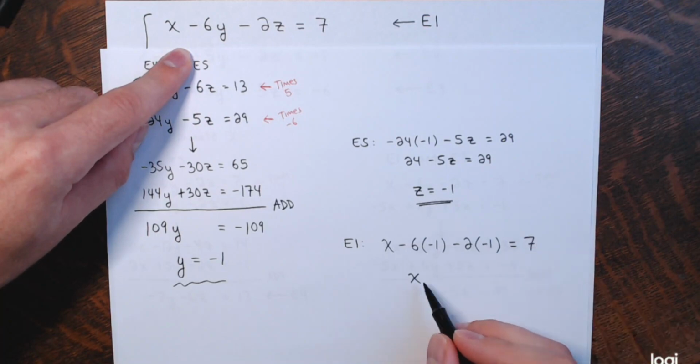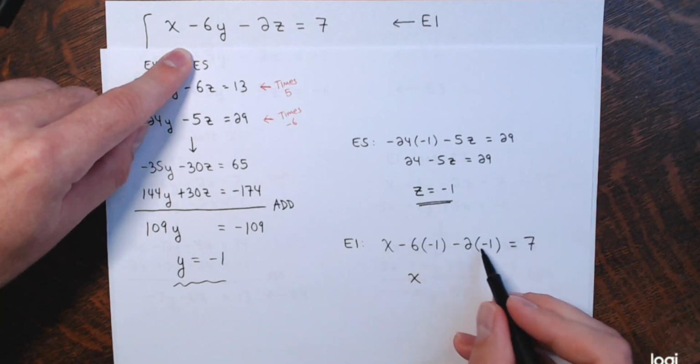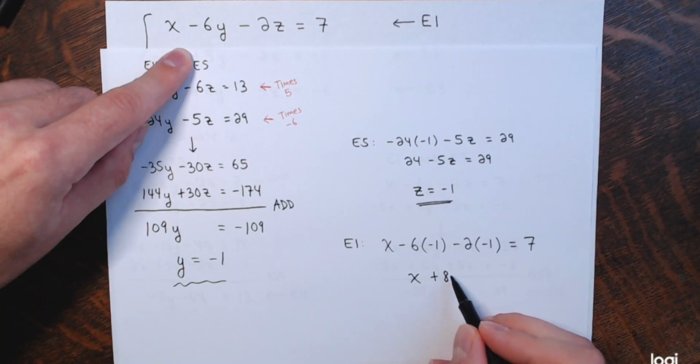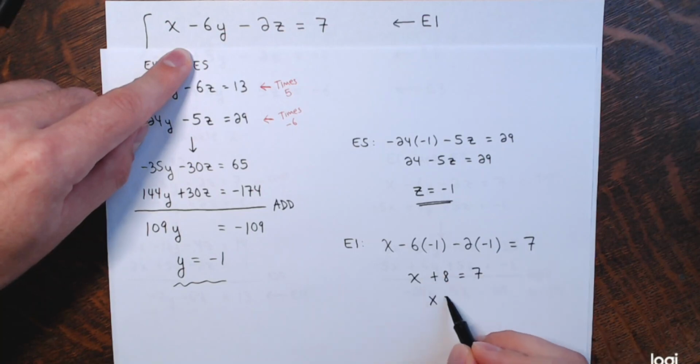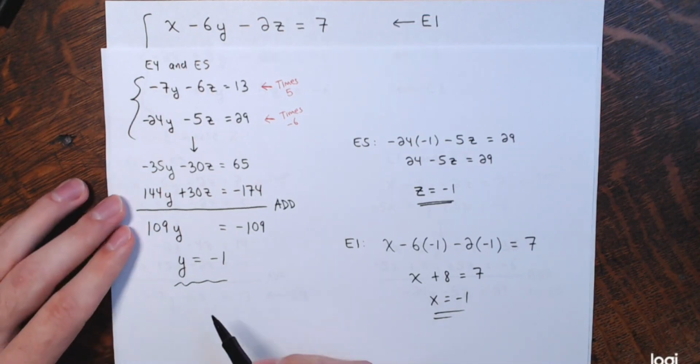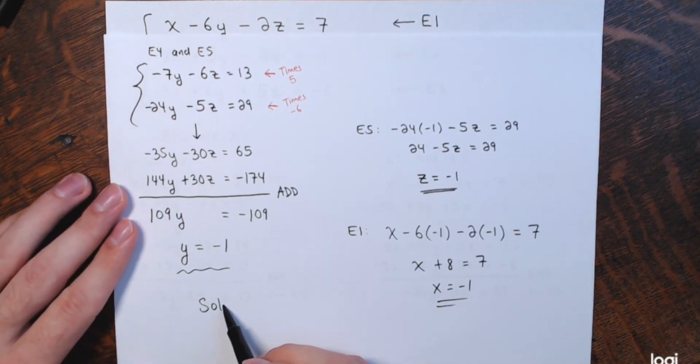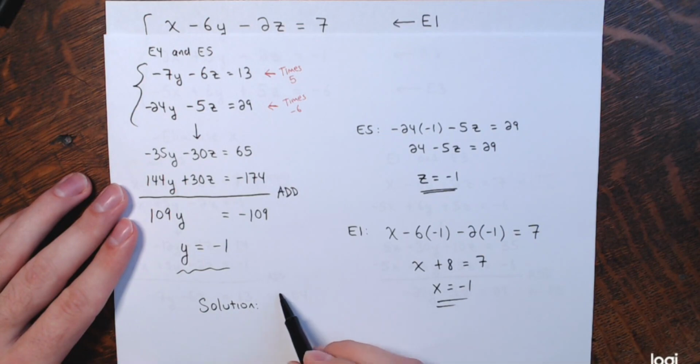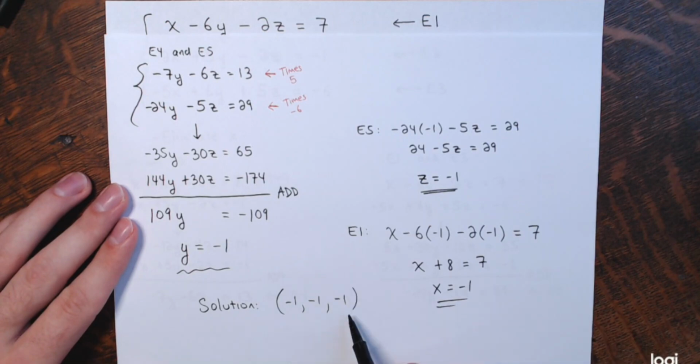So this is x plus 6 plus 2, that's x plus 8 equals 7, and oh, look at this, wow. X would also be negative 1. So the solution of this system is the ordered triple, negative 1 for x, comma, negative 1 for y, comma, negative 1 for z.